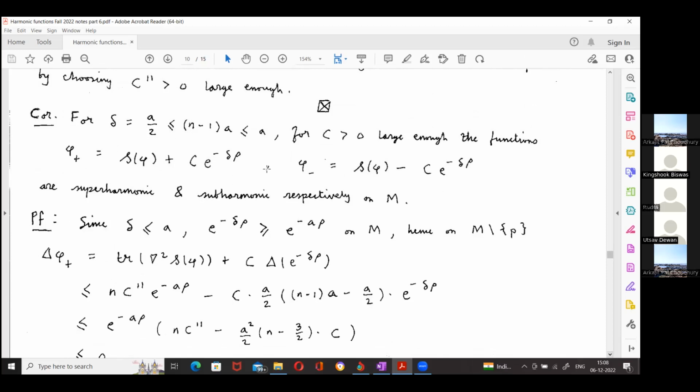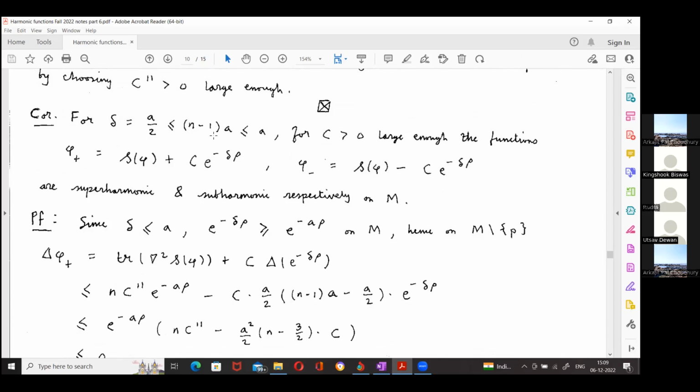Because then we can take a positive number delta which is small enough, let's say smaller than (n minus 1)a and smaller than a.